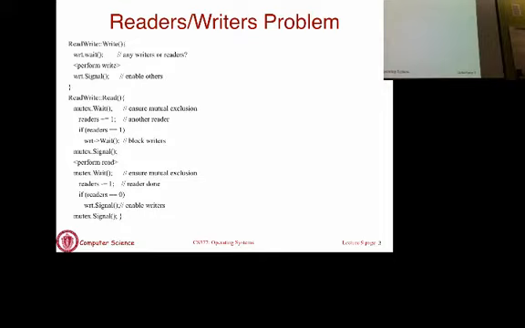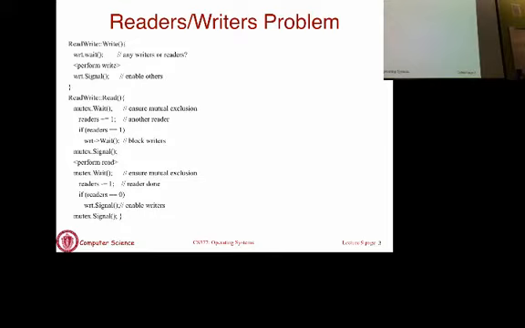Otherwise, you are going to have a problem. The way you block all writers is you do a wait on write. This is a semaphore initialized to 1. So as soon as you do a wait, it will decrement to 0. If a writer comes along, it's also going to do a write.wait. It's going to block because that will take the value to -1. That's how semaphores behave.